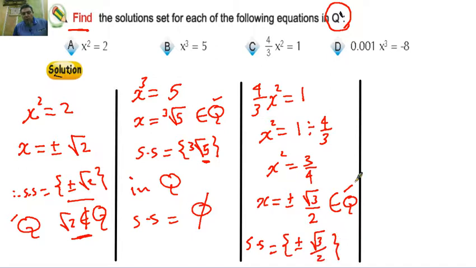Number D, 0.001 x cubed equals negative 8.